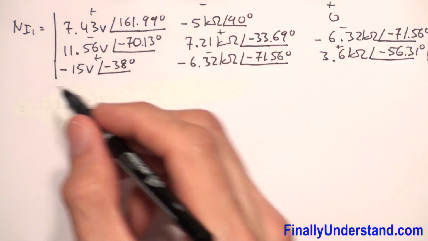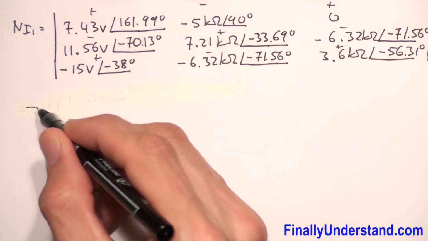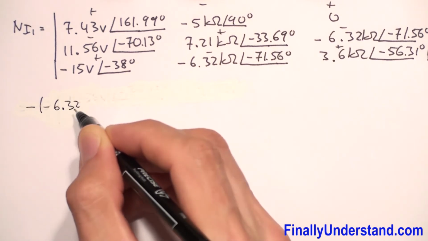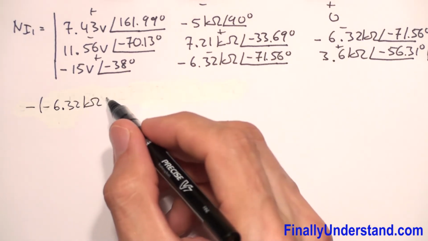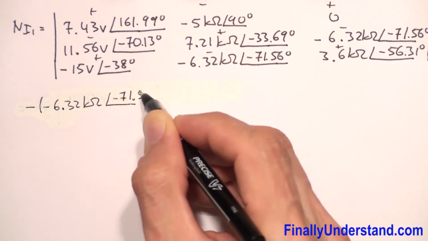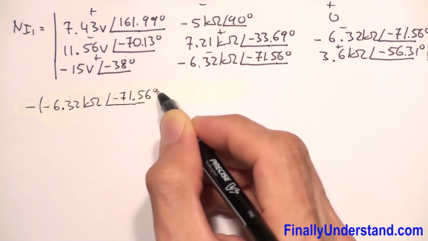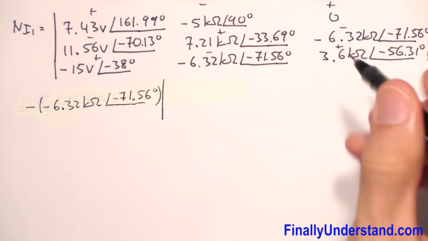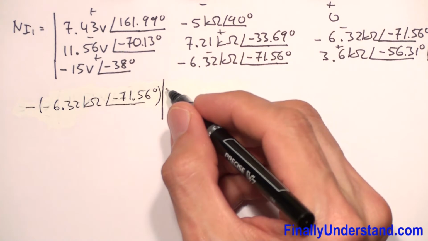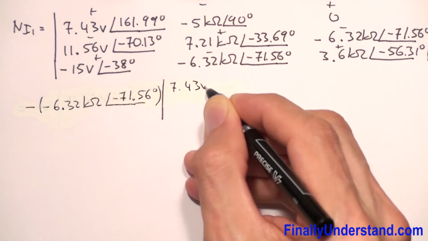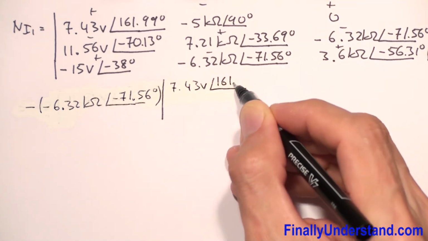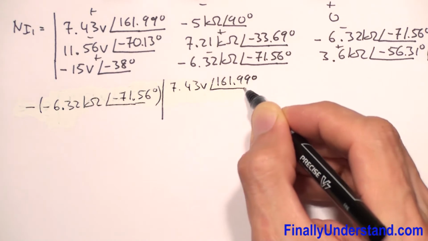So I have negative, because I have negative at the top, negative times negative 6.32 kilo ohms and angle of negative 71.56 degrees, times 7.43 volts and angle of 161.99 degrees.